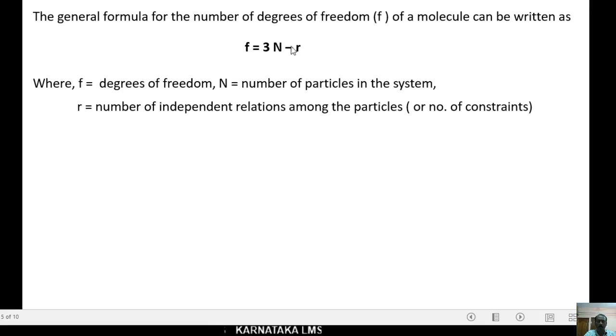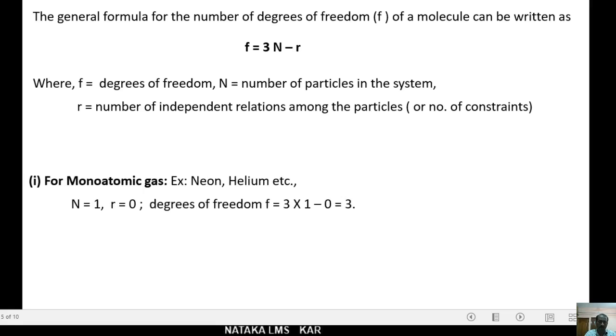By using this relation or formula, you can easily identify the degrees of freedom in a given gas.